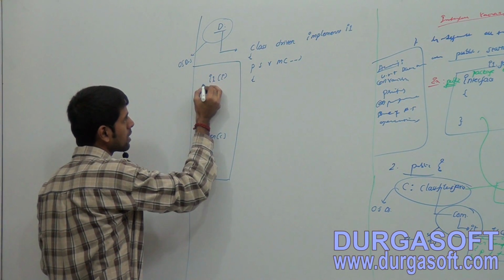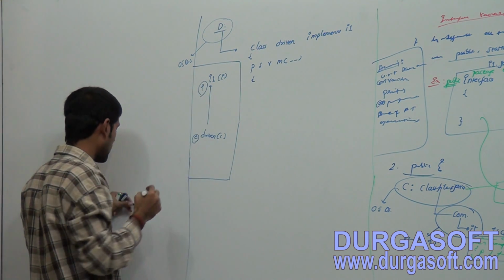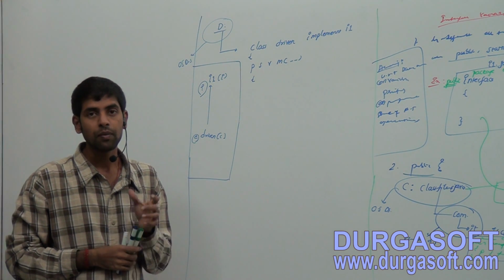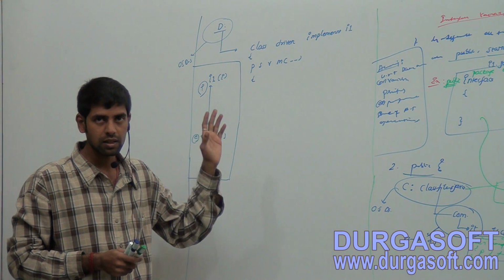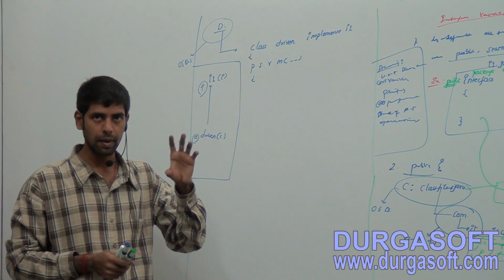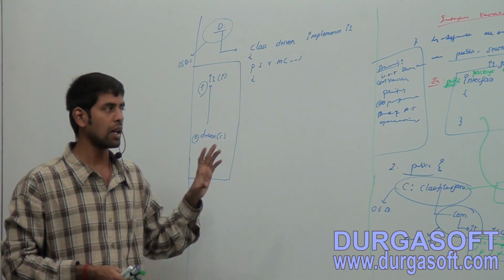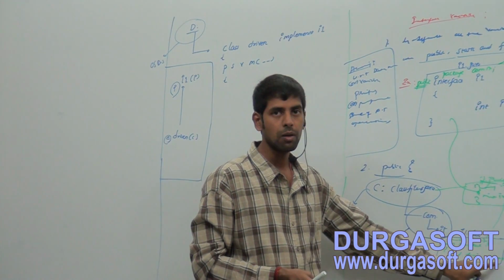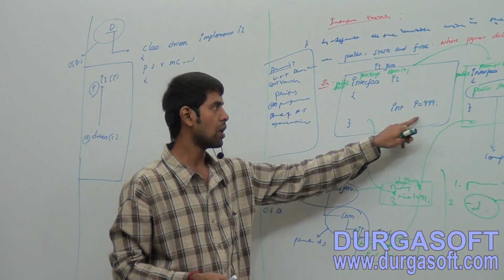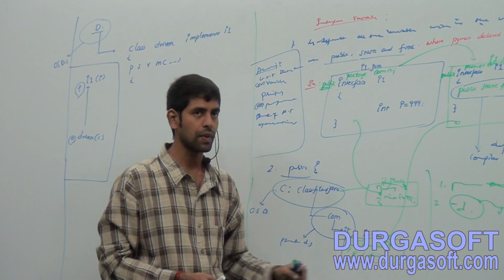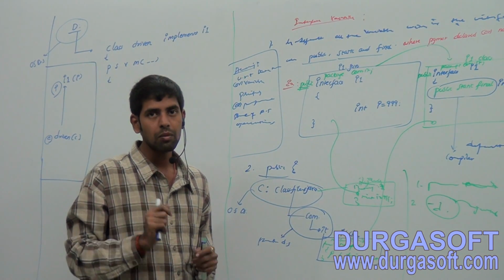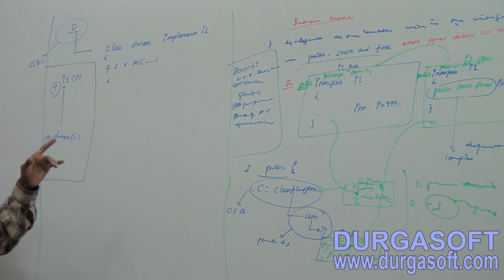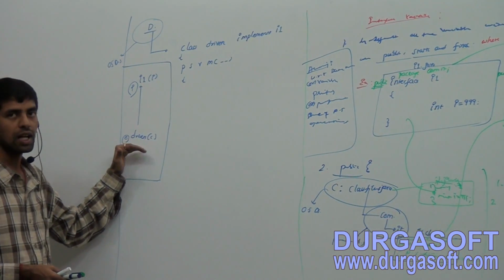This is the parent, and this is the child. Through inheritance, whatever the parent has by default will be available to the child. This parent has one variable, int i equals 999. Is it available to the child or not?